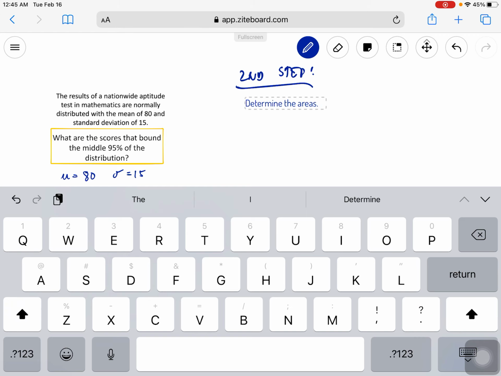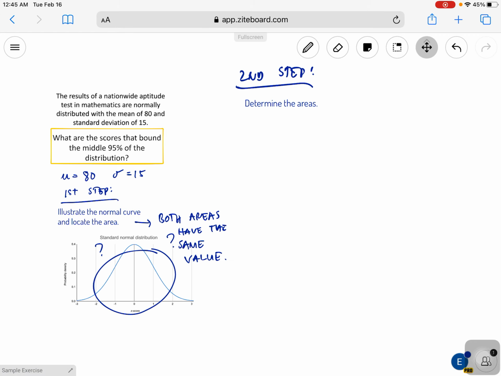So how do we determine this? It's very important. Let me just make this a little bigger. How do we determine the areas?